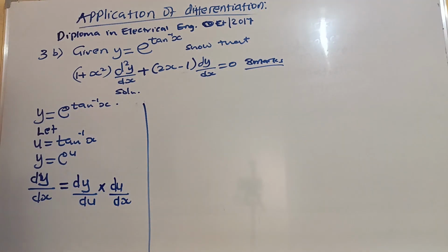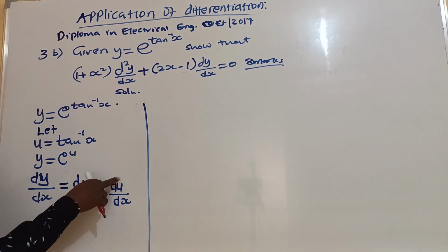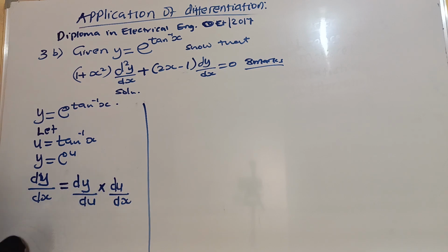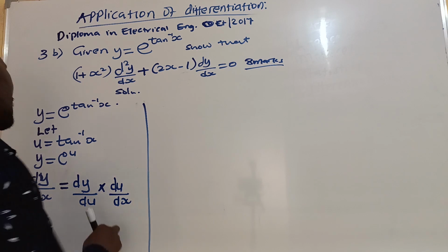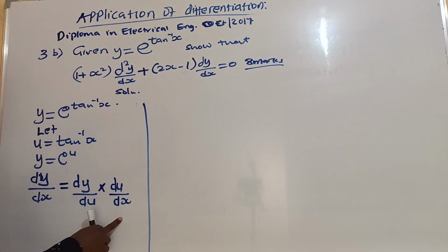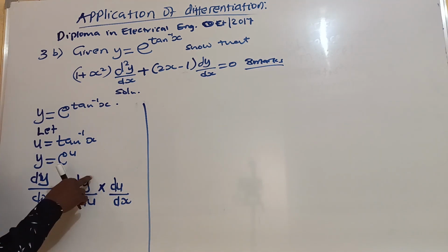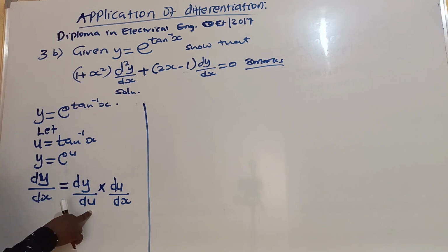Here the main challenge will be how to obtain the derivative of u with respect to x. I think we have done it in the previous video. Let us start by getting du/dx. Then dy/du is much easier.